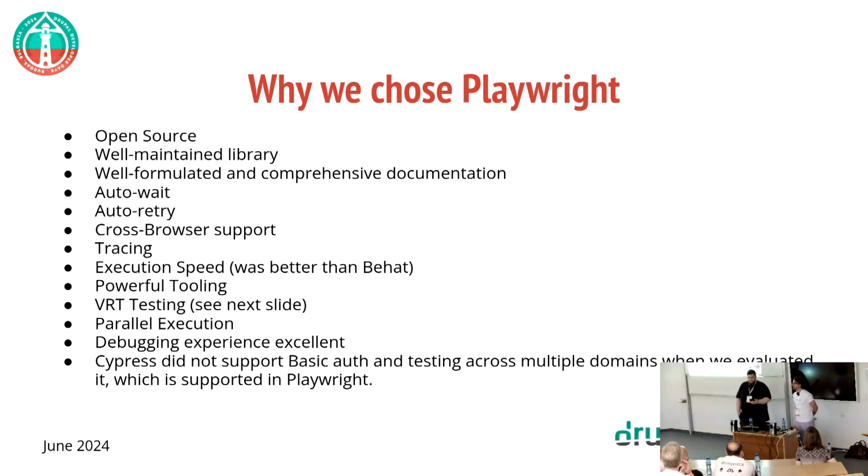There are little gems in there like auto wait and auto retry. One of the stupid things with a couple of other technologies is you had to say, wait for 30 seconds in order for something to appear. This will automatically just wait for it, and it becomes much easier to use. So it's a very powerful tool set.